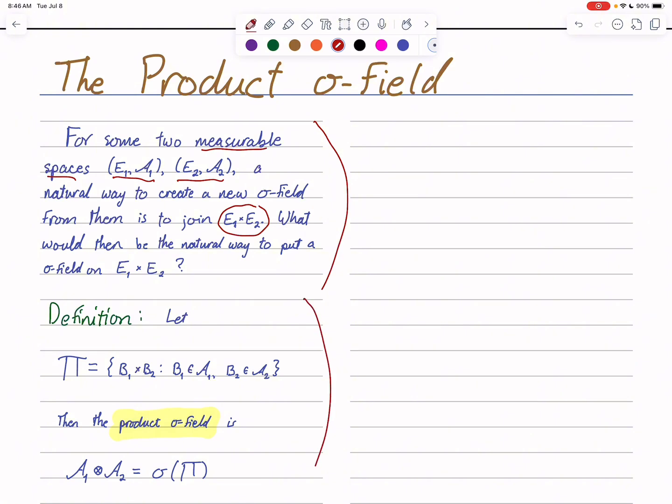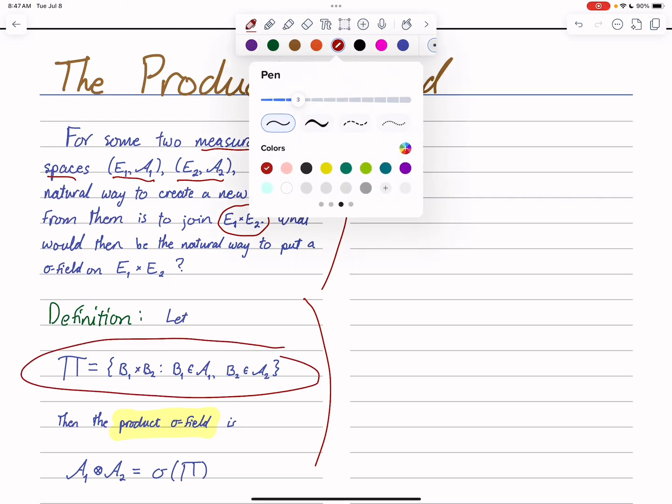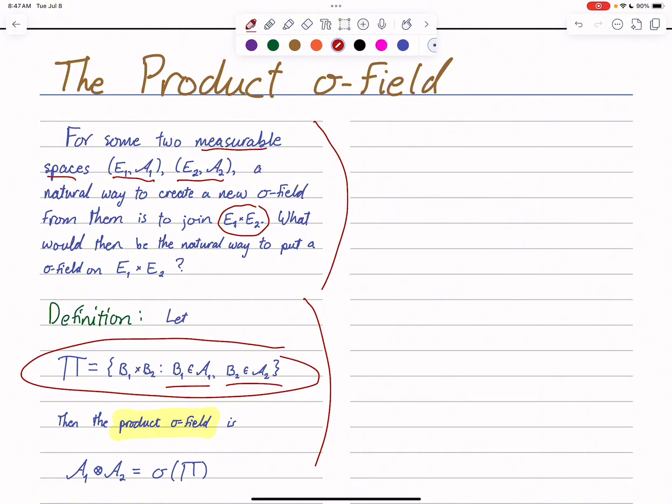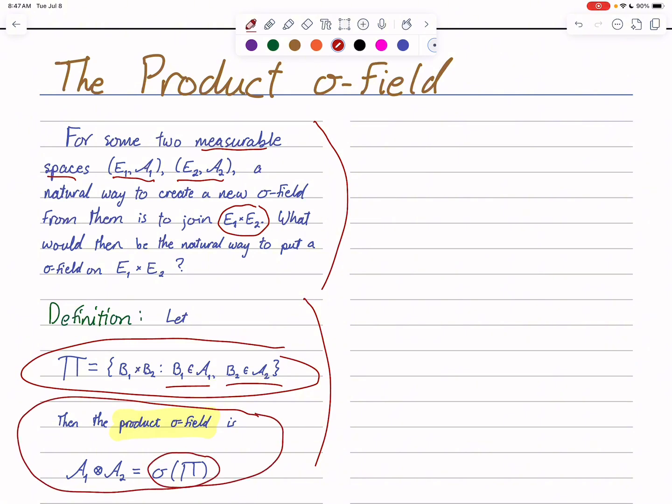Let's first of all define the set of all Cartesian products for any two measurable sets taken from A1 and A2. So that's what this capital Pi is. It's the set of all Cartesian products. Then the product sigma field is the sigma field that is generated by Pi.